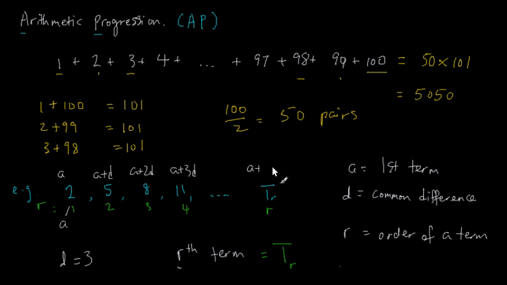A plus a number which is 1 unit less than R, and that is just R minus 1 times D. So in this way, we've just found our formula for TR. TR therefore must be equal to A plus (R minus 1) D.